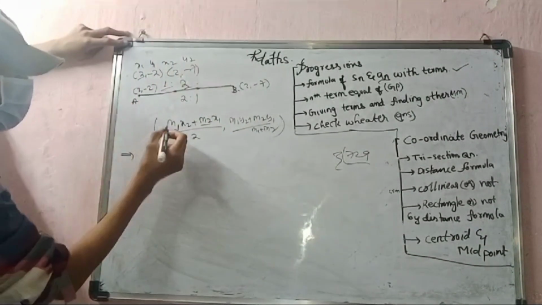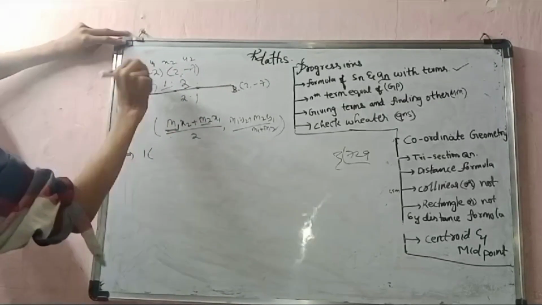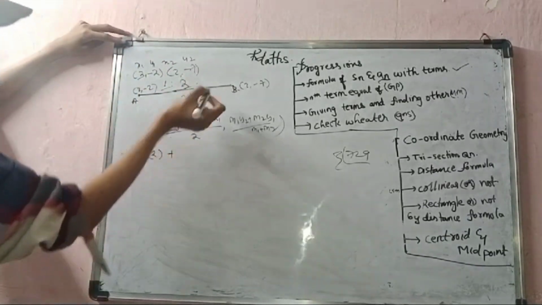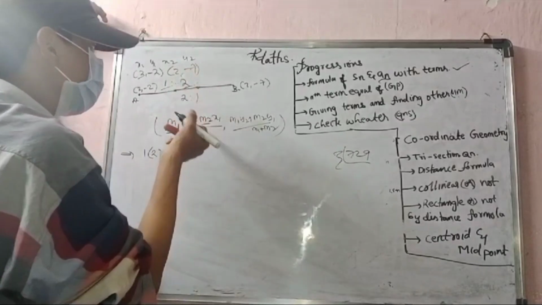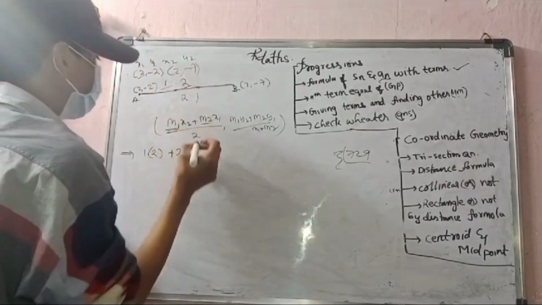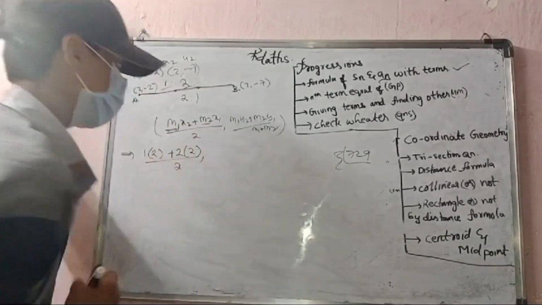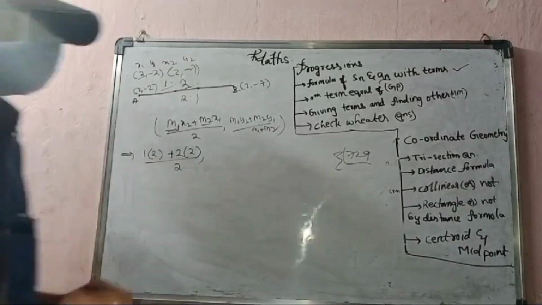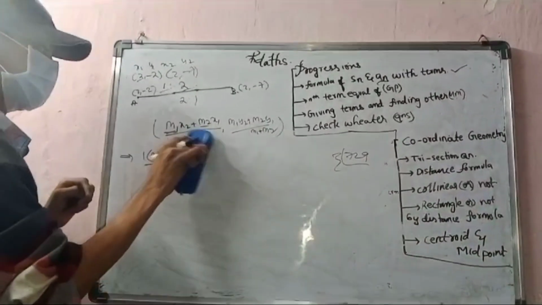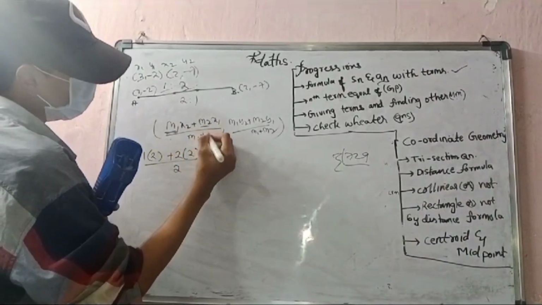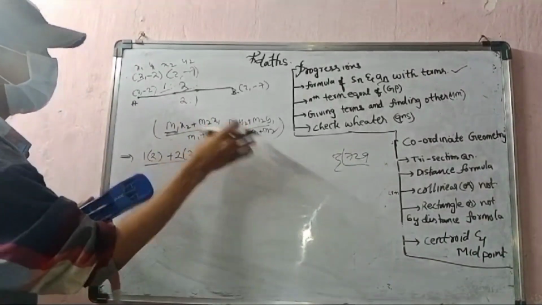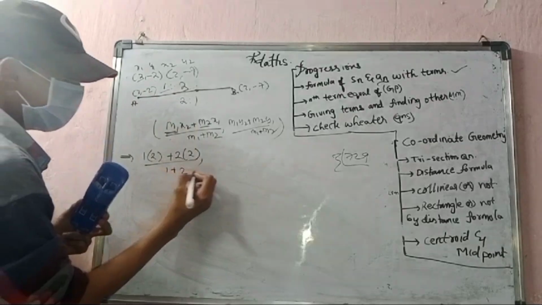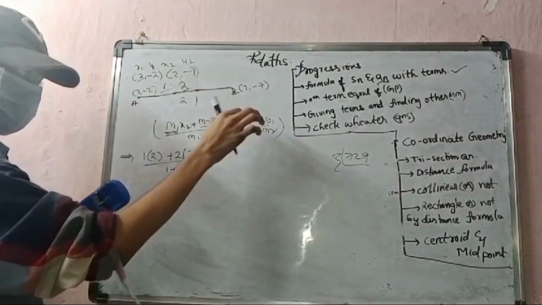Now M1 into x2, x2 is 2, plus M2 which is 2 into x1 which is 2, by M1 plus M2. Why did I write M1 2 there? It will be M1 plus M2, I just wrote it in fast mode.